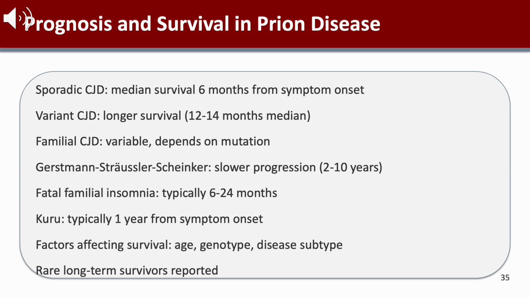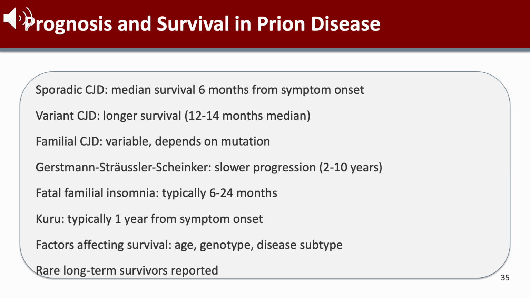Familial Creutzfeldt-Jakob disease has variable survival depending on the specific mutation present. Gerstmann-Sträussler-Scheinker syndrome typically has a slower progression, with survival ranging from 2 to 10 years. Fatal familial insomnia typically results in death within 6 to 24 months of symptom onset. Kuru typically causes death within 1 year of symptom onset.